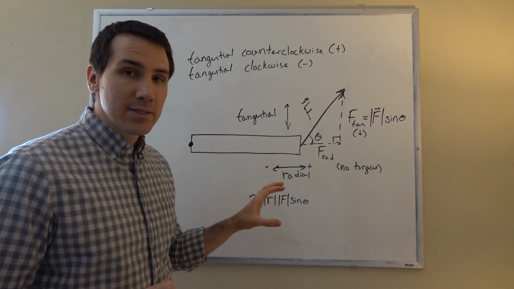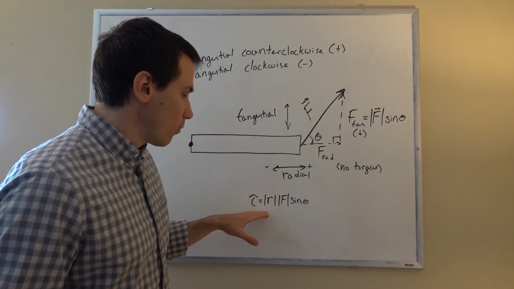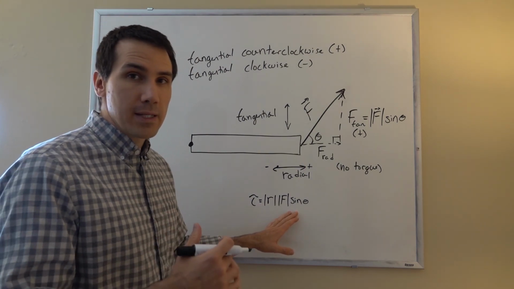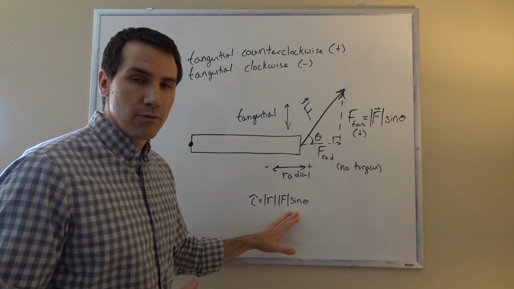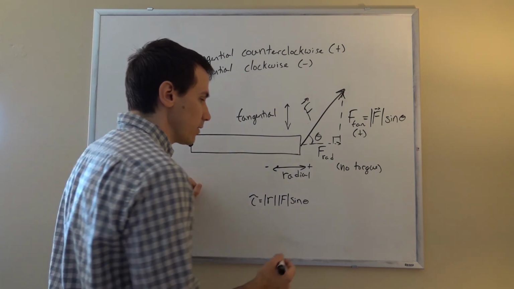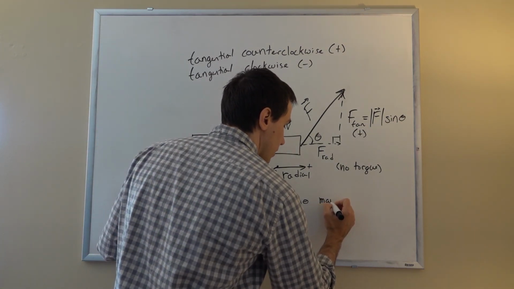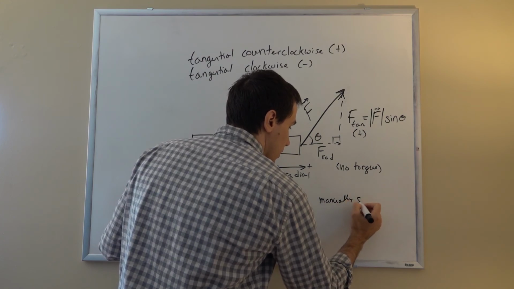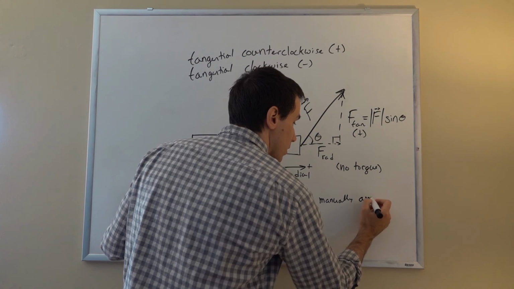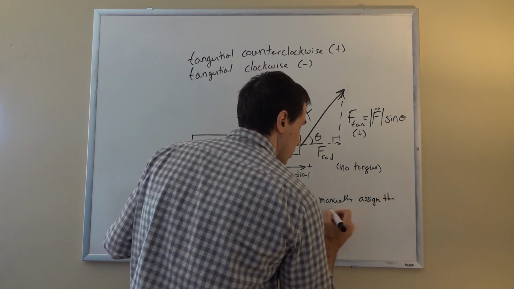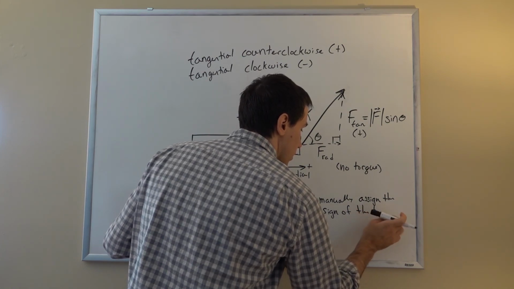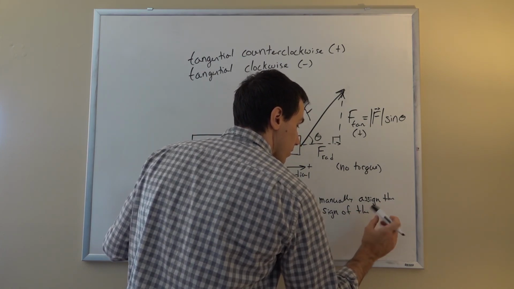And in this case, the way that this is set up, your torque will always be positive if you use this formula. And because your torque will always be positive here, you have to manually assign the sign of the torque when you use this particular method.